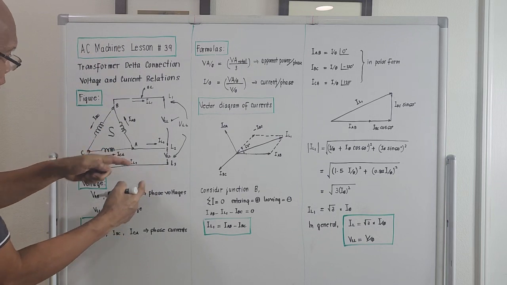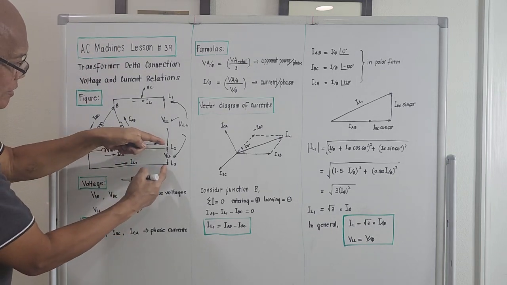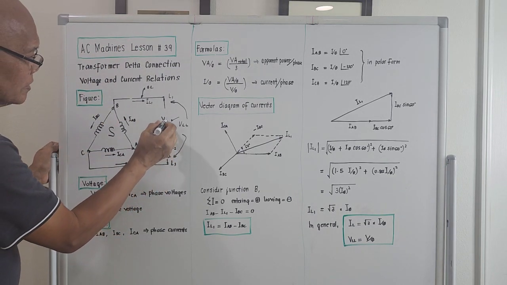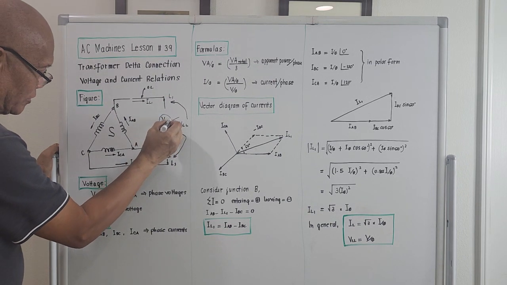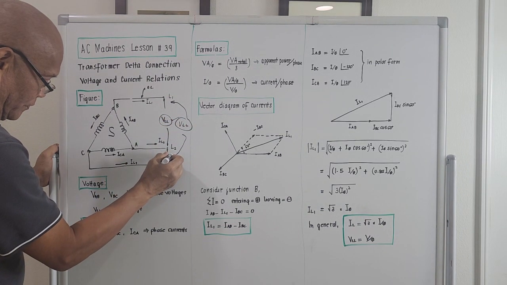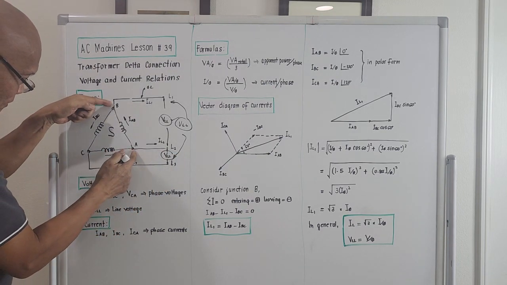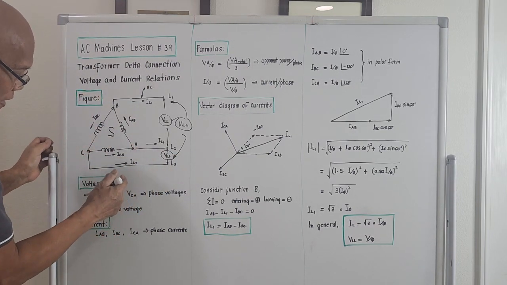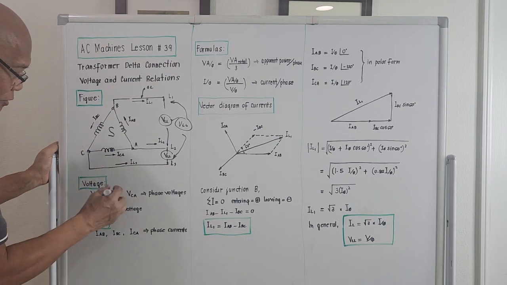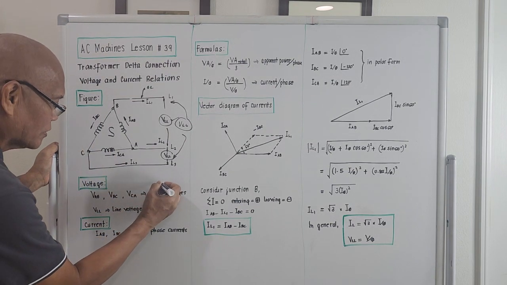The third one is the voltage across A and C, which is still a line voltage. So we have three line voltages, since it is three phase. And the voltages V sub AB, V sub BC, and V sub CA are all phase voltages, also three, which is why it is a three-phase voltage.